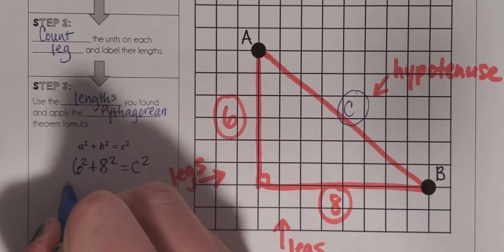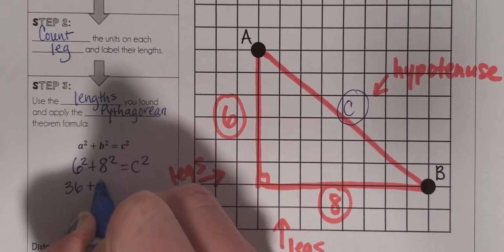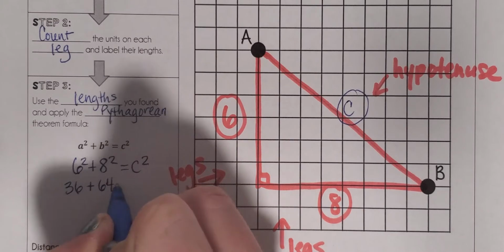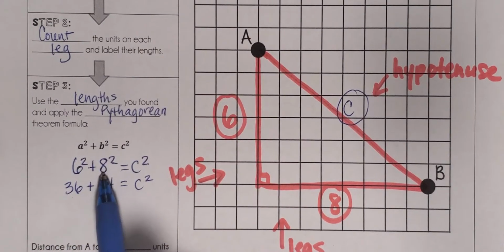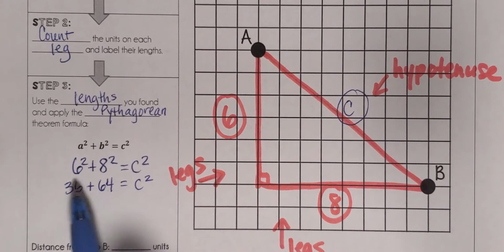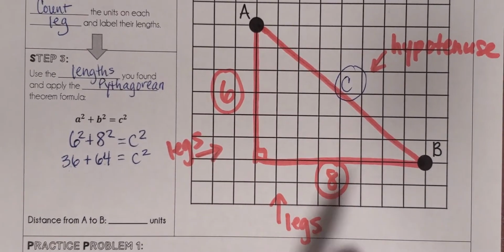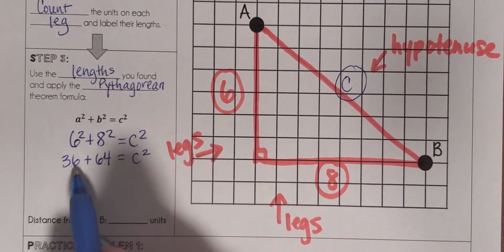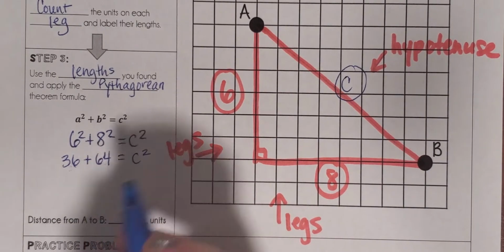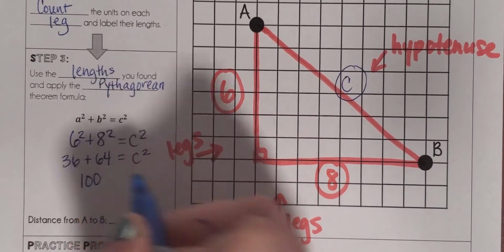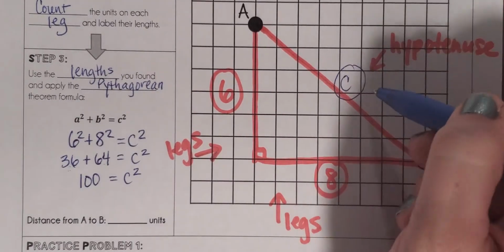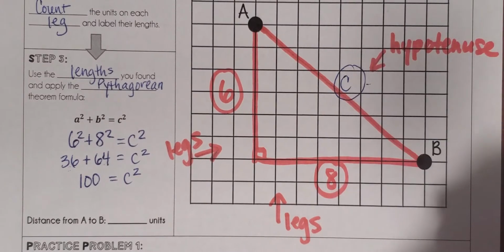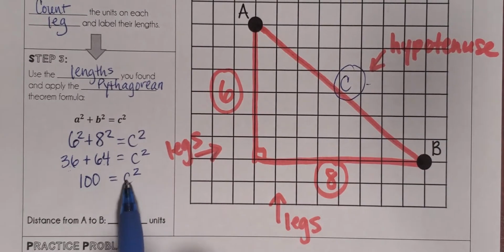From here, I'm going to go ahead and simplify down. I know that 6 squared is 36, 8 squared is 64. If you don't know these yet, you can use a calculator and find it with your exponent key. So I'm going to add up these numbers: 36 plus 64 is 100, and 100 equals c squared. Now, if I put 100 as my answer, I would get it wrong because I don't want a c squared.